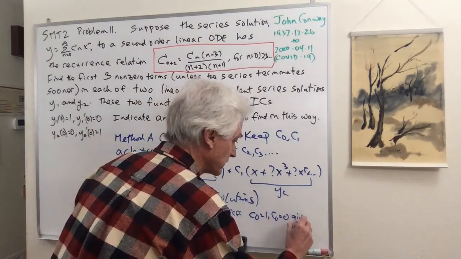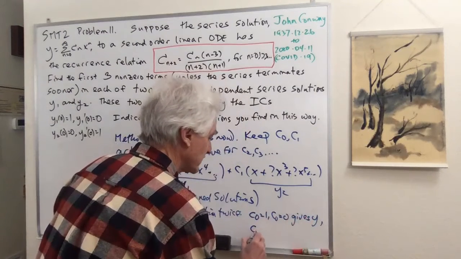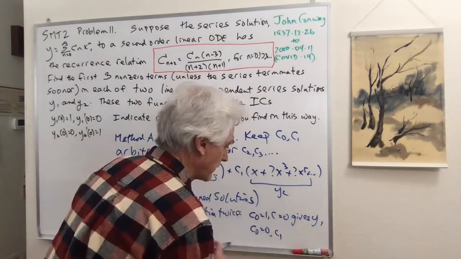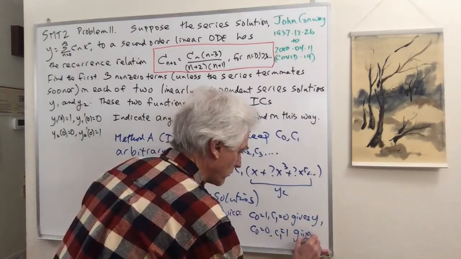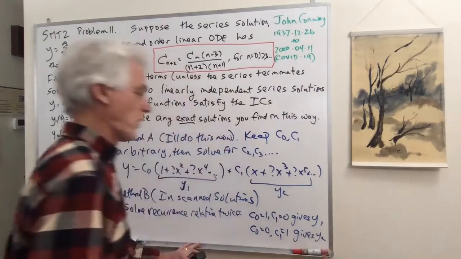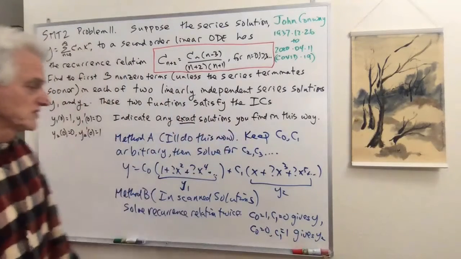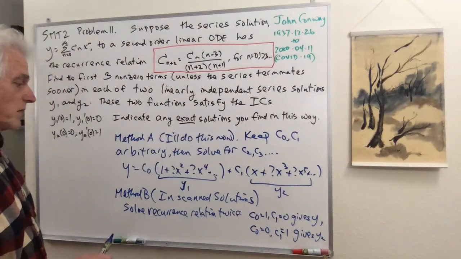This gives y1. And if you set C0 to 0 and C1 to 1, that gives y2. So, let's just jump in and do it.